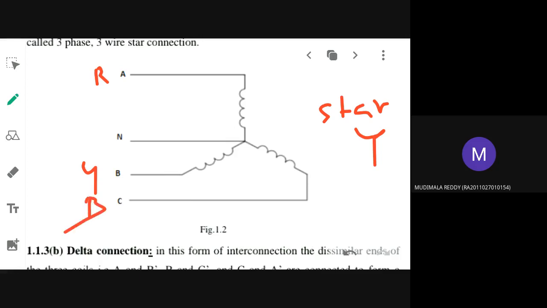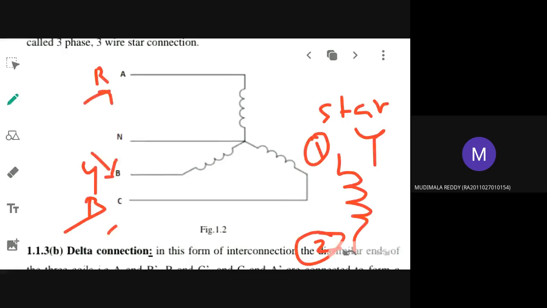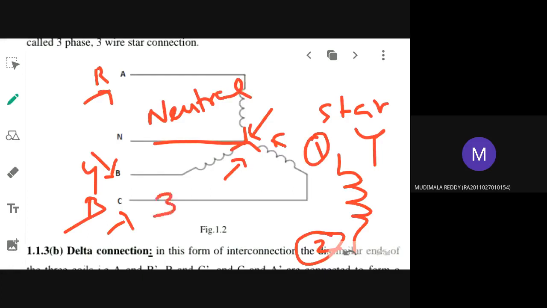Each coil will have 2 ends. Let this be the first end and let this be the second end. One of the ends is left free like this. The other ends are connected together to form a common junction point from which another wire is taken out, that is termed N, your neutral wire, and this system is called a 3-phase 4-wire system.